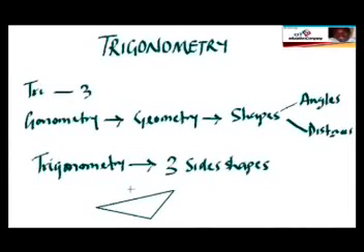So you have side 1, this very part here, and here you have side 2, and here you have side 3. So trigonometry, as a matter of fact, talks about a triangle, problems involving triangles.